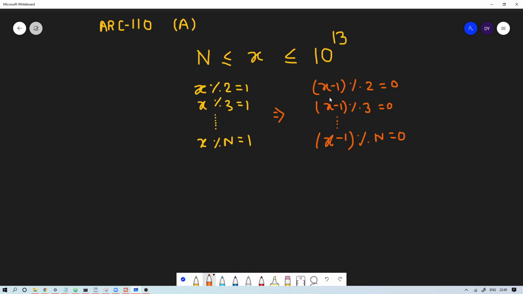So if you can find out the value of x minus 1, then you can add 1 to get the value of x.